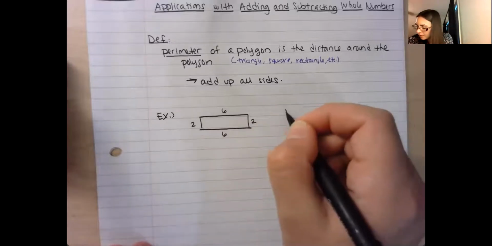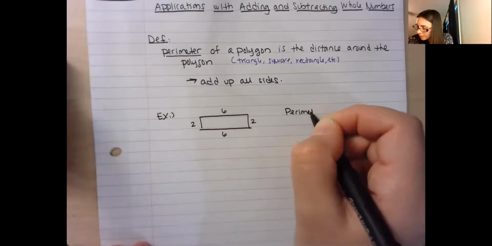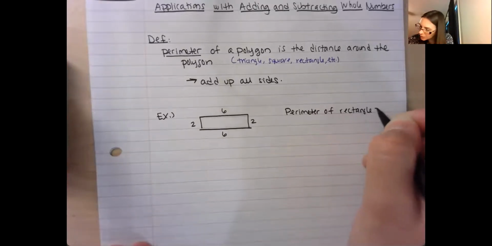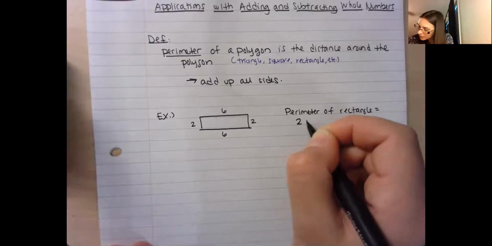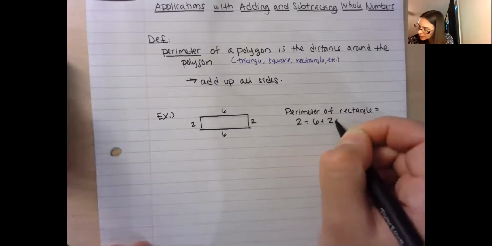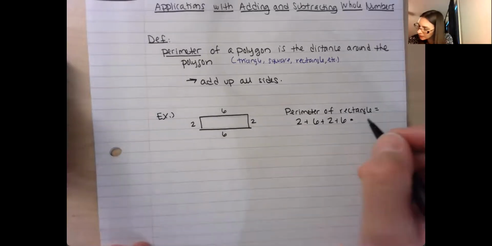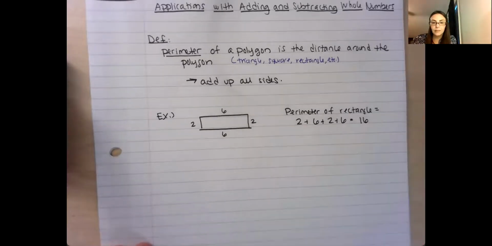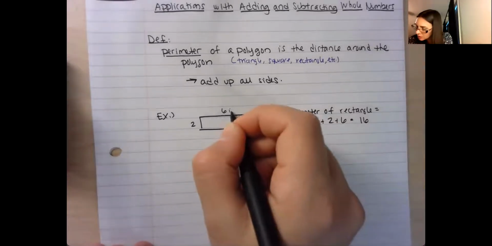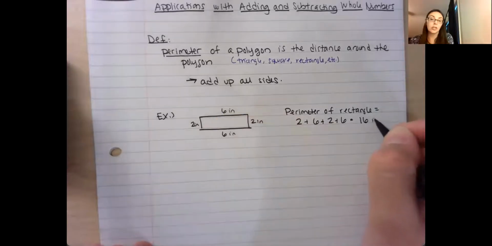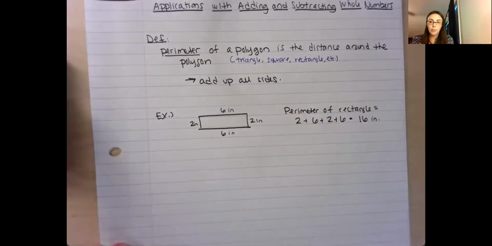Then the perimeter of my rectangle in this case is going to be 2 plus 6 plus 2 plus 6. So I'm adding up all my sides here. So I end up getting 16. Now we'd also have units here. So maybe these are in inches. So maybe it's 6 inches and then 2 inches. So when I add these up, I would get 16 inches altogether. So that's what your perimeter is.